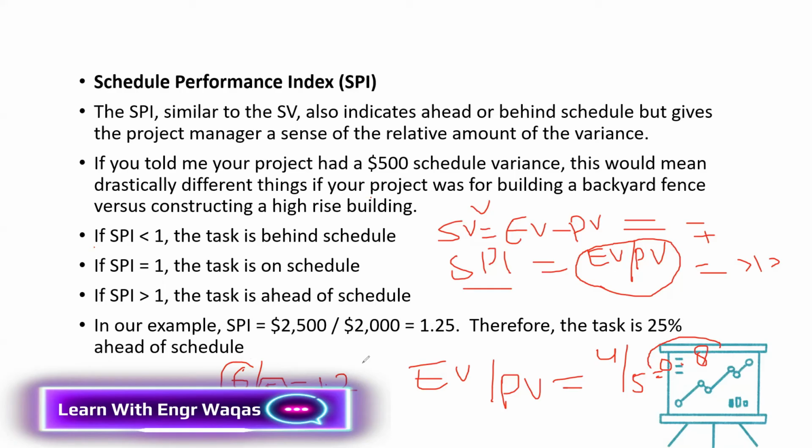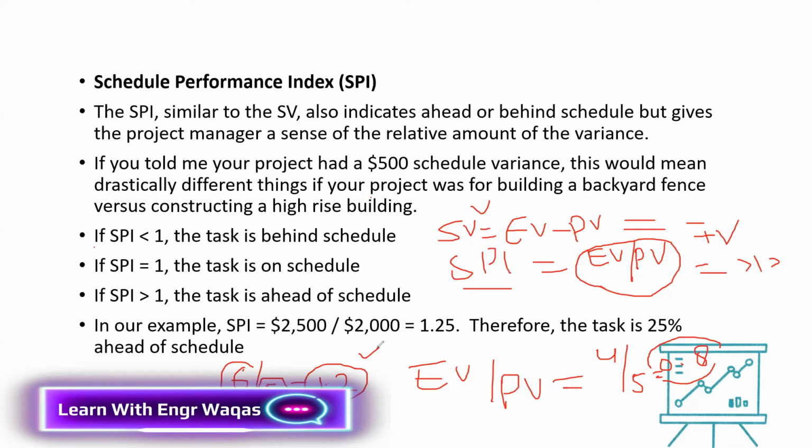So when values in these SPI formulas are greater than 1, it means we are good. In SV, if negative values, we are behind schedule. In SPI, if lesser than 1, same, behind schedule. If positive values, we are ahead of schedule. And if greater than 1, it means we are ahead of schedule.